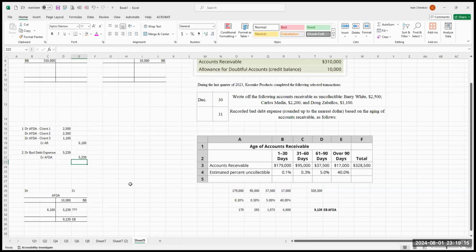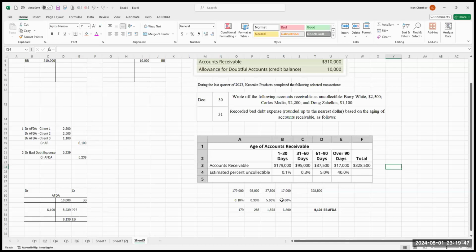The second and third requirement, I'm not going to give you those, but you can see what the solution is. The next thing that I'm going to ask you is to calculate the bad debt expense based on the accounts receivable method, in which you're estimating that allowance for doubtful accounts will be 4%.